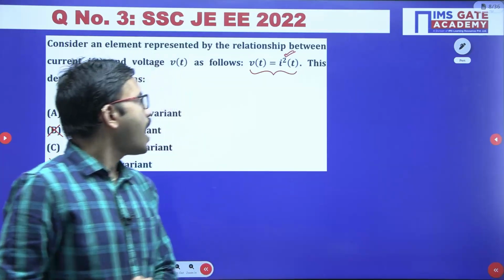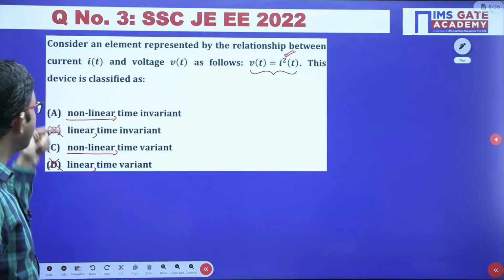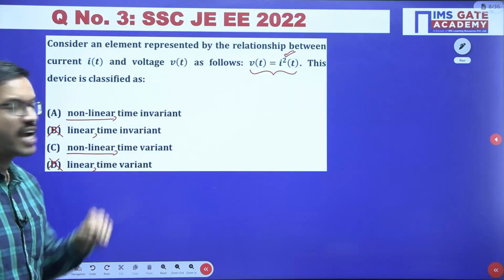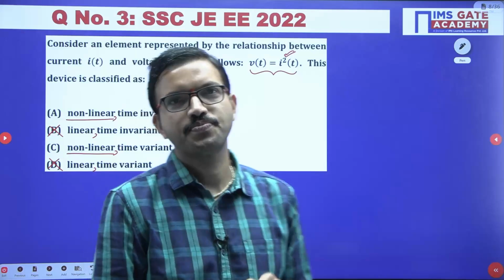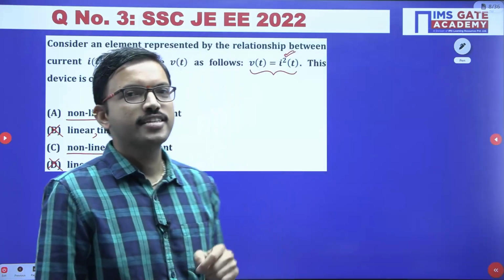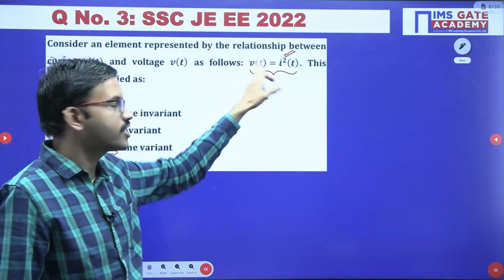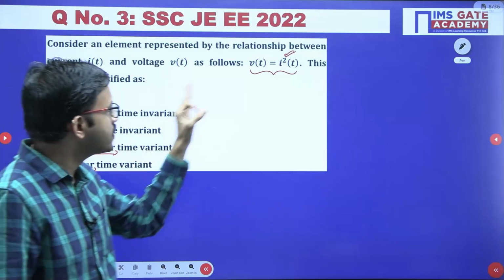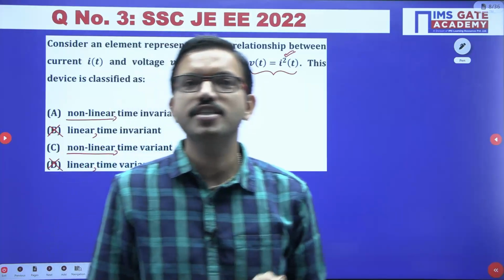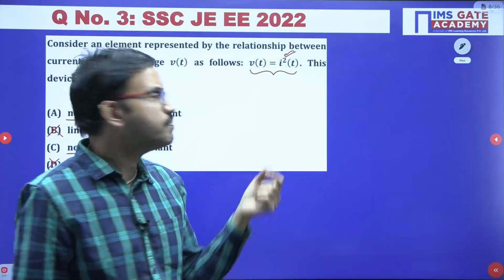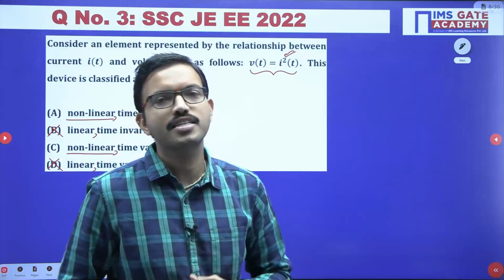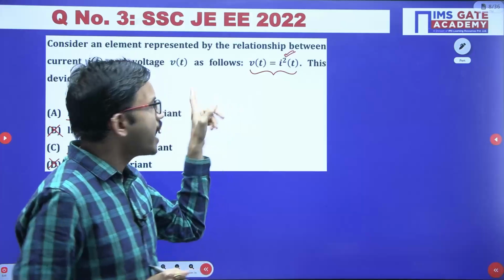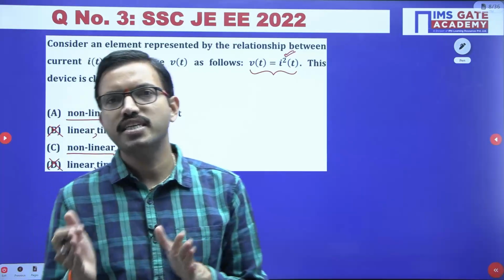Now after this, among A and C, in C you have time variant, and in option A you have time invariant. Which one do we have to choose? Some students, because it is a function of time, may consider option C. But actually, for solving this question, you should have the minimum knowledge of signals and systems, especially regarding the classification of systems: linear, non-linear, time variant, time invariant.